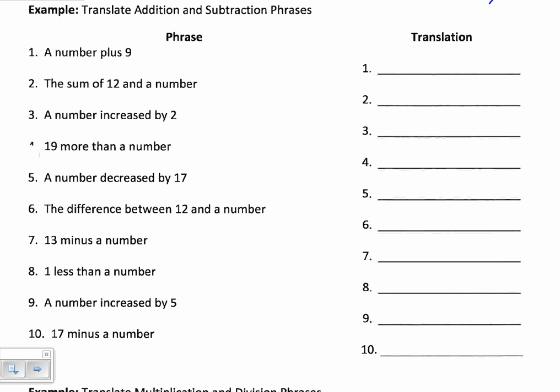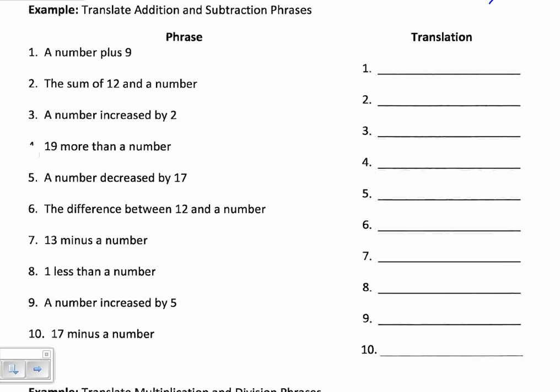So for number 1, I have a number plus 9. The first thing I'm going to ask myself is, do I know what that number is? In this case, I don't. So we're going to give it a variable. Does it matter what variable? No. Most times they're going to tell you, use x to represent the number, or use n to represent the number. Here it doesn't say anything, so we're just going to stick with x.